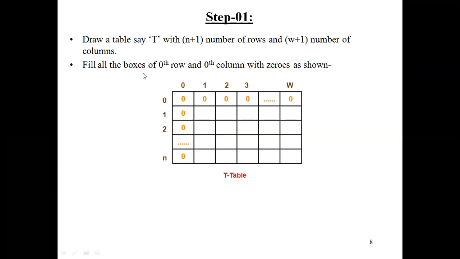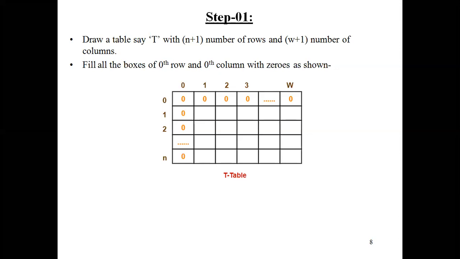So fill all the boxes of the 0th row and 0th column with zeros. Why are you filling with zeros? Since at the initial stage there are no items in the bag.